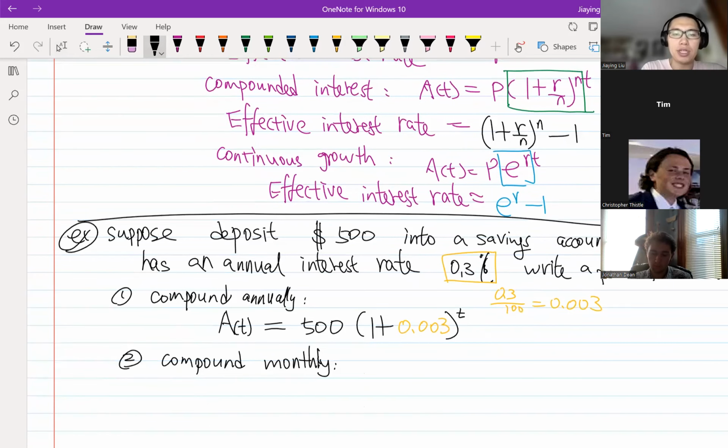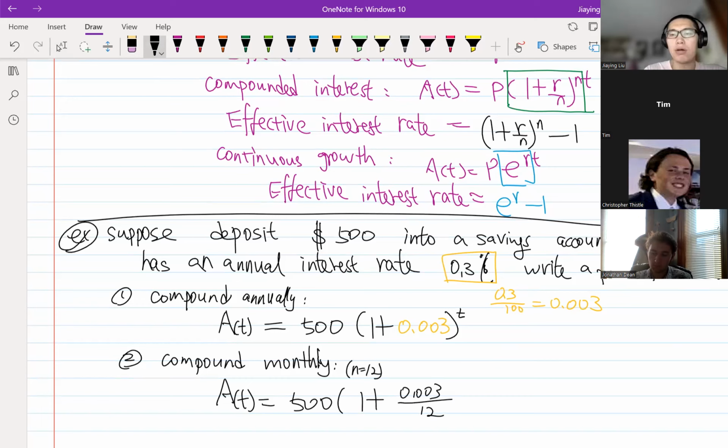So the balance A of t is going to be, again, the initial value doesn't change, 500, the principal, and then 1 + r/n. We have to know what r is. The rate is the annual interest rate, 0.3%, so that's 0.003 divided by n. We have to know what n is. Compounded monthly, n equals 12.